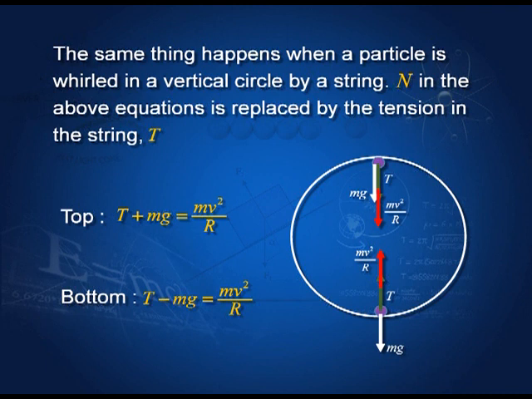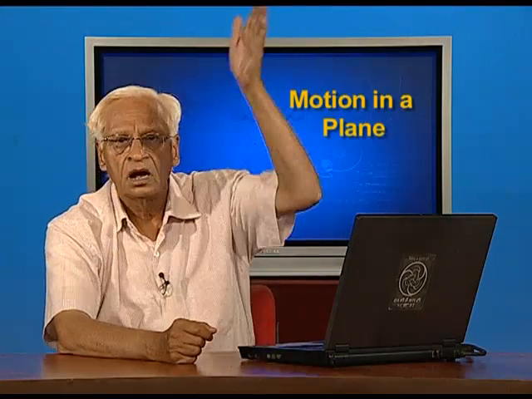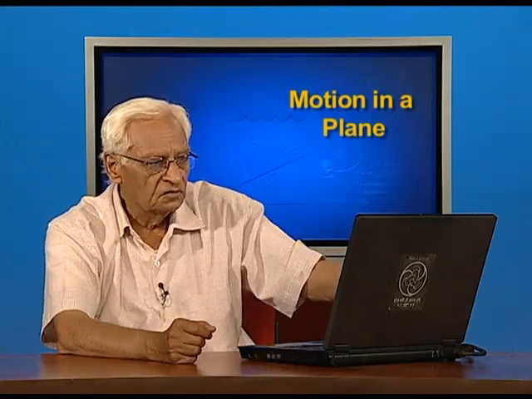Again you can adopt a certain convention, so that the forces along downwards are taken as positive or forces along upwards are taken as positive, and when you follow that convention, you will find these equations, and from these equations you can find the tension in the string.